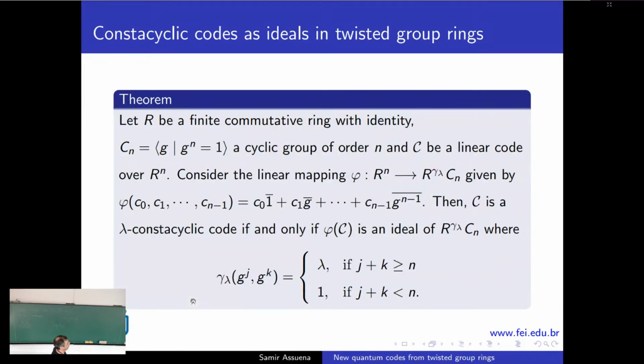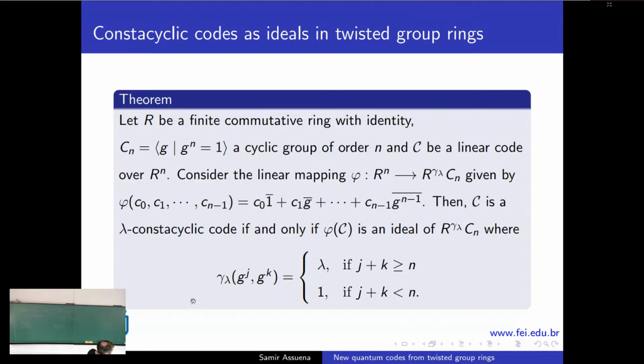So, in this way, we can describe constacyclic codes, or lambda-constacyclic codes, just as ideals inside the twisted group ring of a commutative ring R and a cyclic group Cn, just given by this mapping.